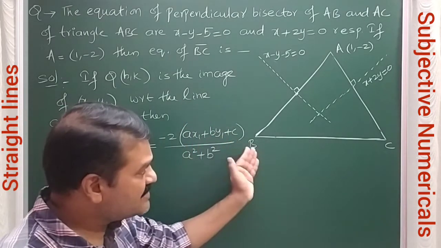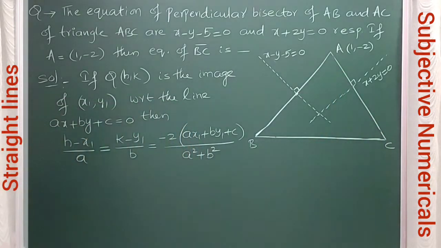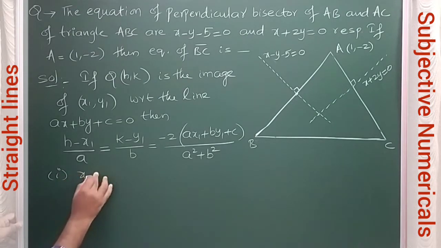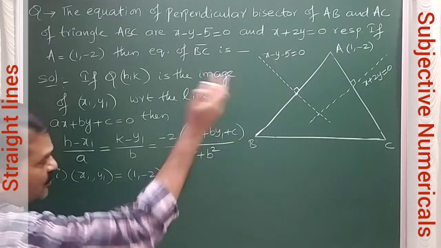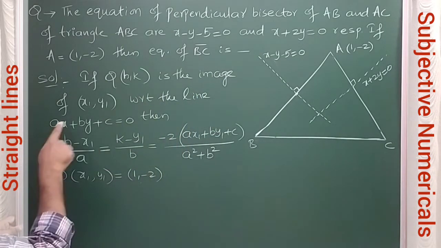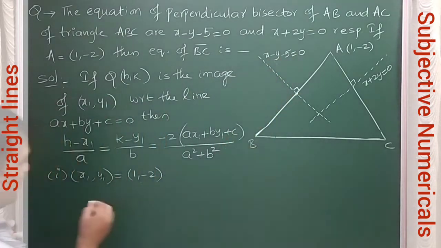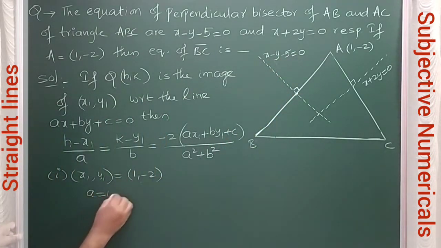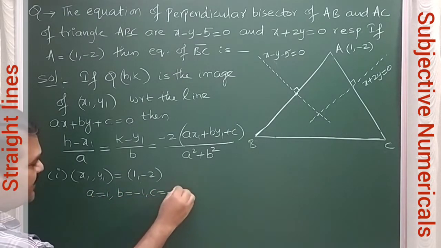After completing this, we will go to our second case. In the first case, x1 comma y1 will be taken as 1 comma minus 2, and for the line, a is 1, b is minus 1 and c is minus 5.